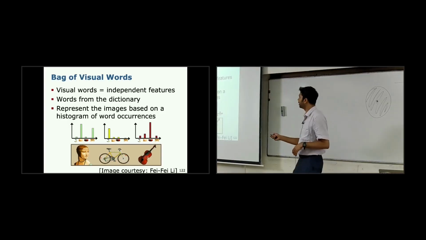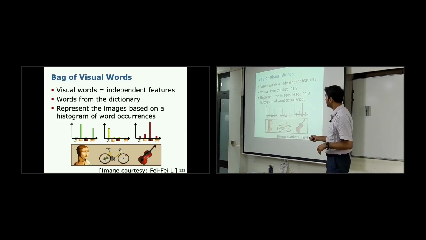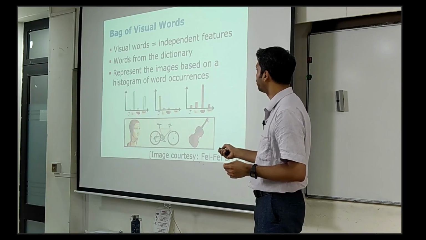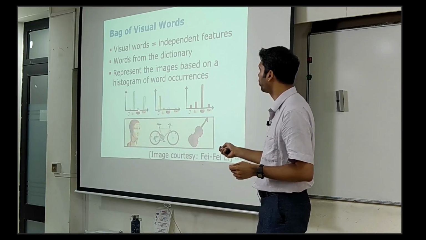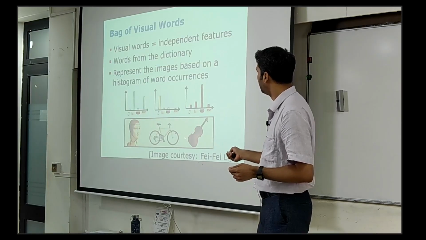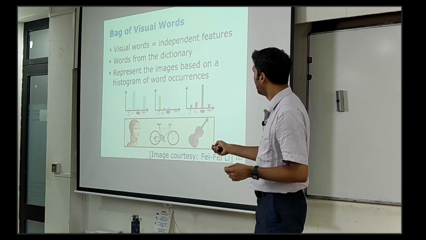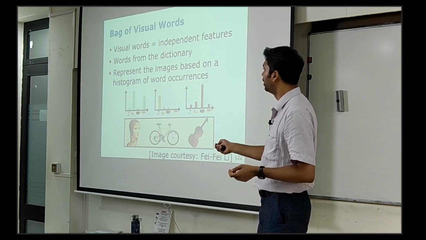So what is happening here? For example, we have this picture of the lady here, and on the x-axis we have the vocabulary. Let's say for now our vocabulary only has these 4 things: an eye, the bottom part of the violin, some part of the cycle, and some part of the face or something like this. So it's just an illustration.